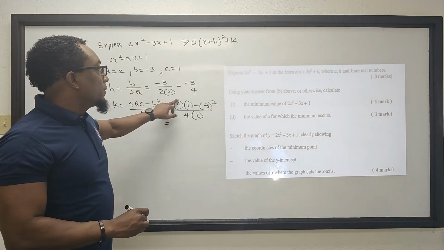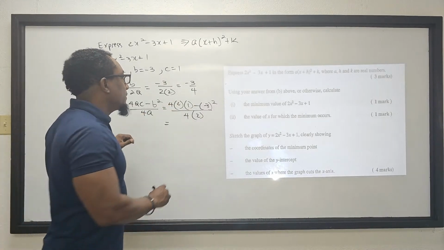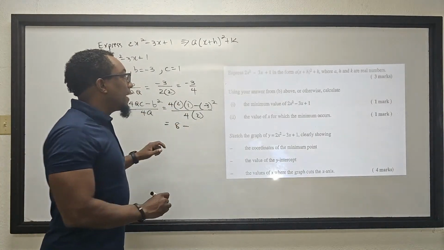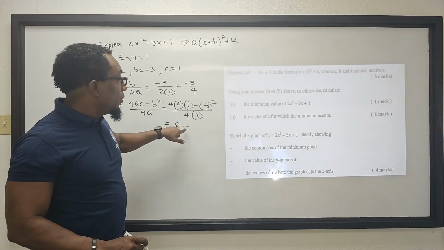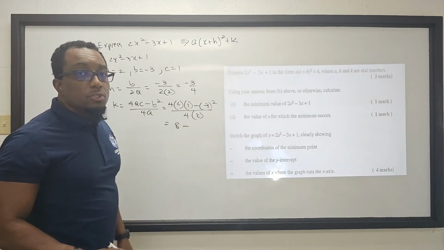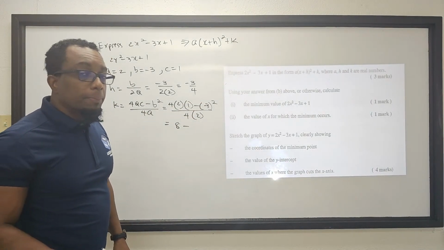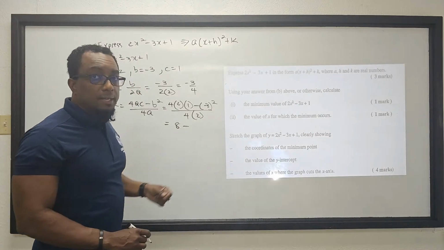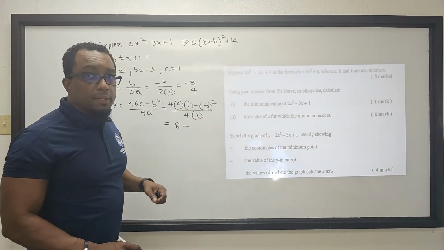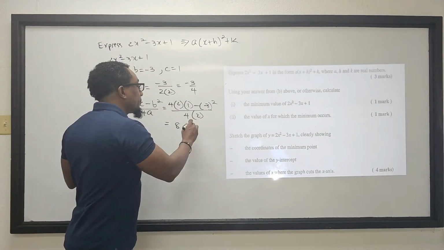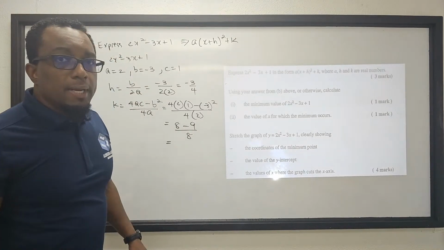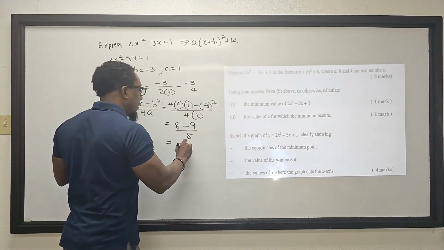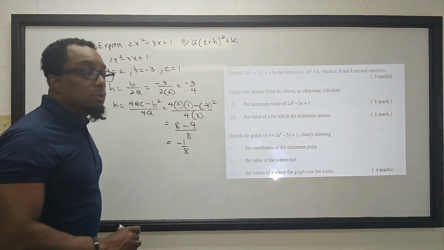This will become 4 by 2 is 8, 8 by 1 is 8, subtract. We're not saying minus by minus is a plus, we have to hold the subtraction sign. We square negative 3 to give us positive 9, and then consider the subtraction sign in front of the bracket. So this will become negative 9 all over 8. So 8 subtract 9 will give us negative 1 over 8. And that is your value of k.